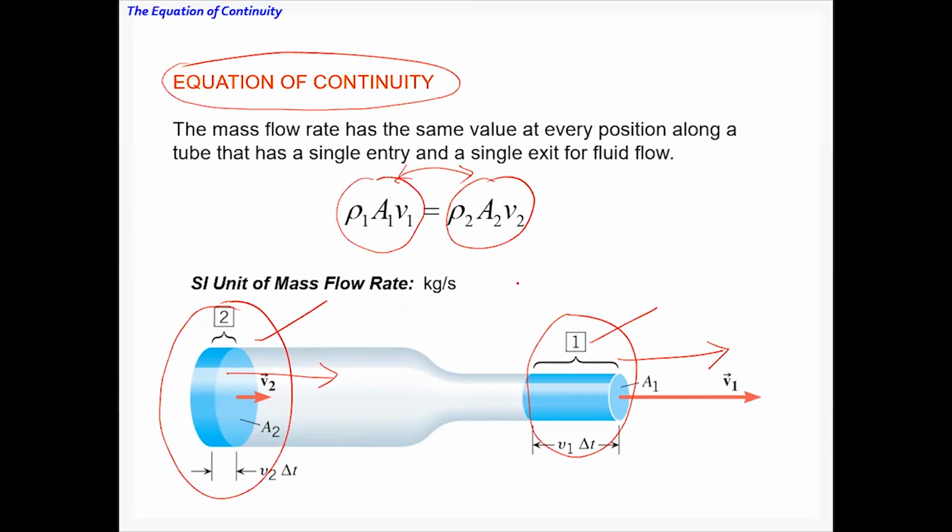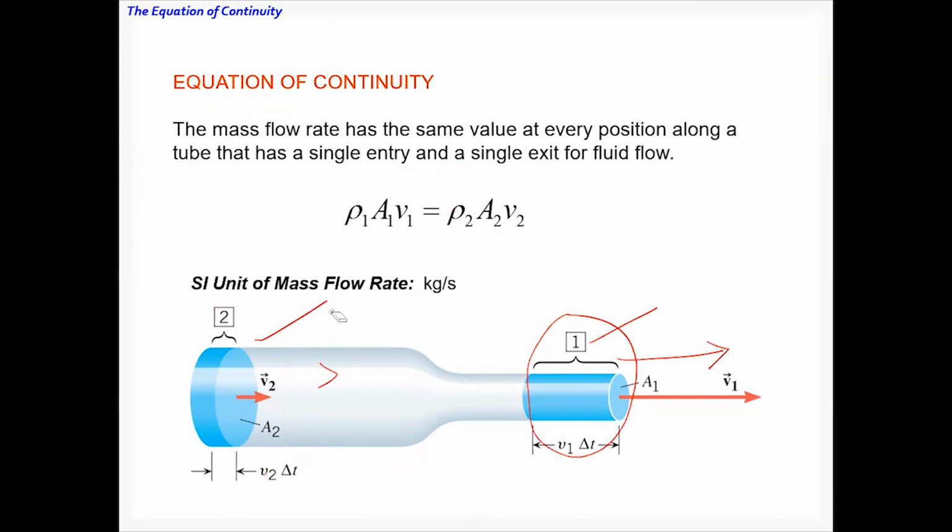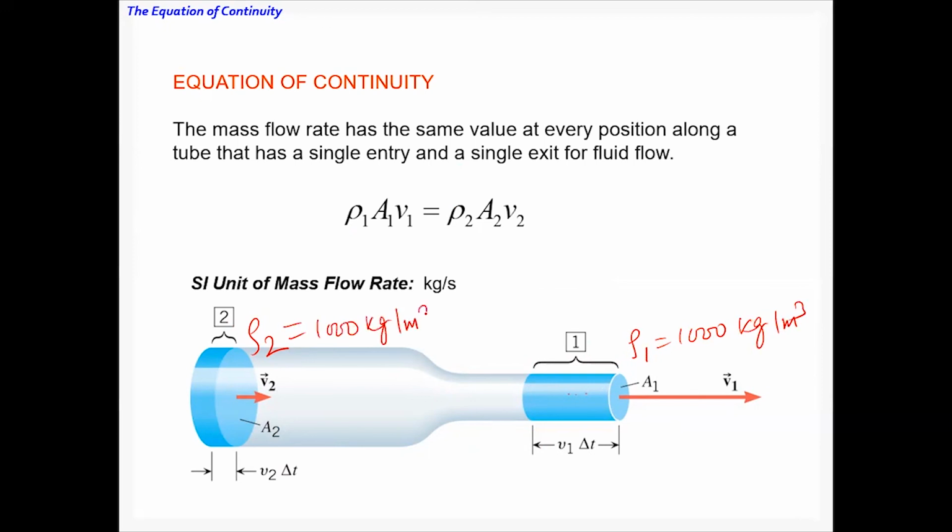Now I'm going to apply the equation of continuity in the case where the fluid is incompressible. So what is an incompressible fluid? It means the density here, rho 2, is equal to the density here, rho 1. If this is water, the density here is 1000 kilograms per meter cubed, and here also 1000 kilograms per meter cubed. That's the density of water, and whatever the point, point 1 or point 2, the density is the same.